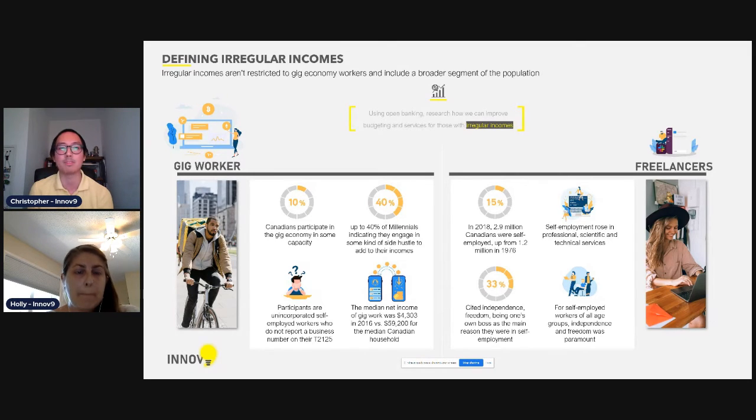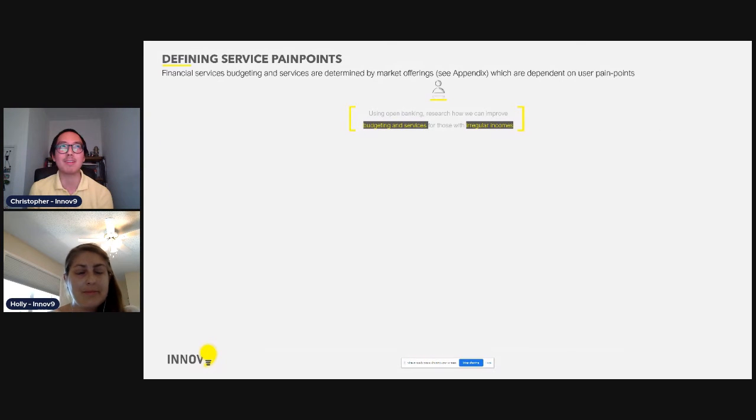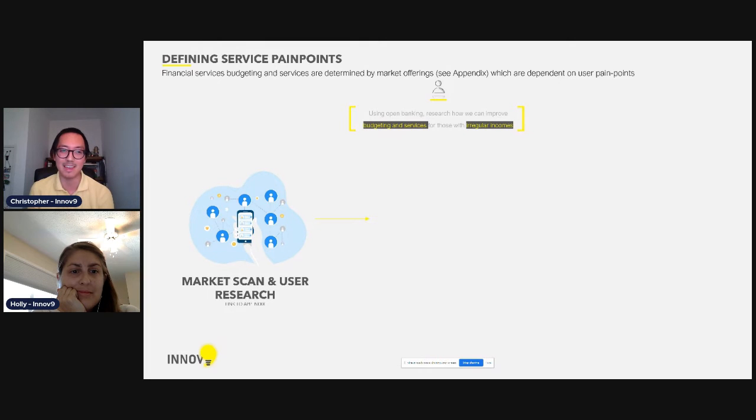So we wanted to identify points of commonality as well as points of difference when it comes to interacting with financial services. Likewise, when it came to figuring out and defining the service ecosystem in Canada, we conducted a market scan. Quick summary, there really aren't that many products available to folks with irregular incomes. Predominantly, you still need to have a full-time job and a Canadian credit history to be eligible.